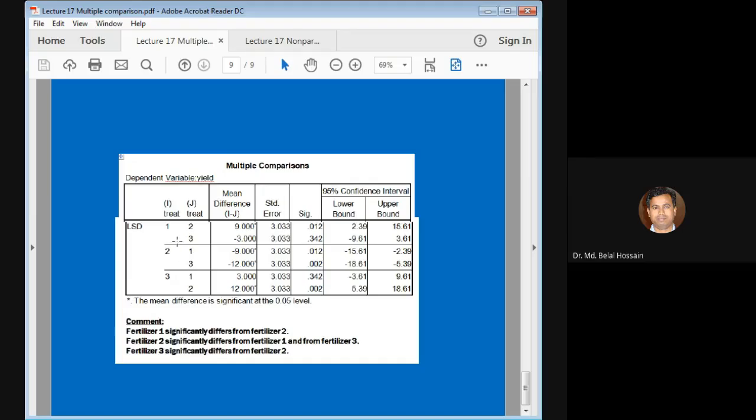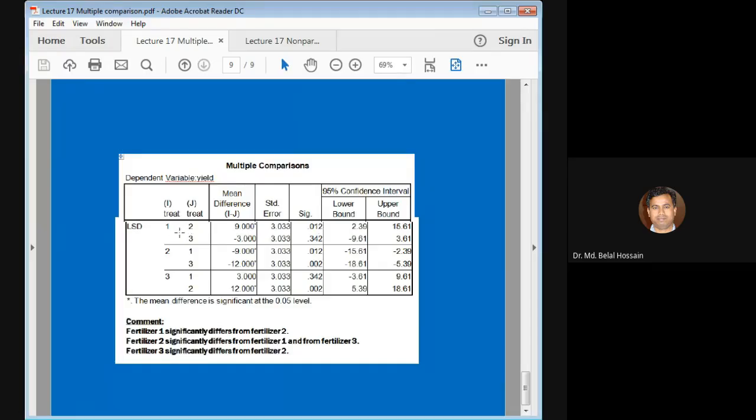Okay. Firstly, if you see that 1, 2, it is showing that your significance level is significant value, that is 0.012. It is calculated by computer. Okay, so they calculated that p-value here. So if this p-value is less than 0.05, null hypothesis is rejected. So it is for smaller than 0.05.